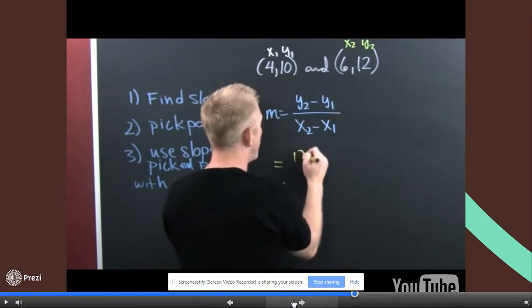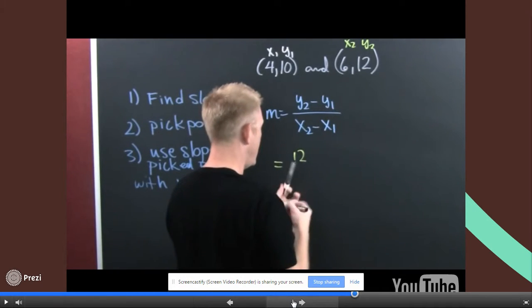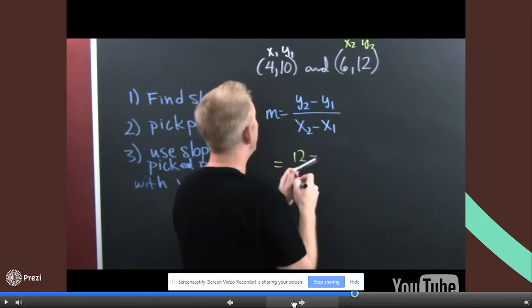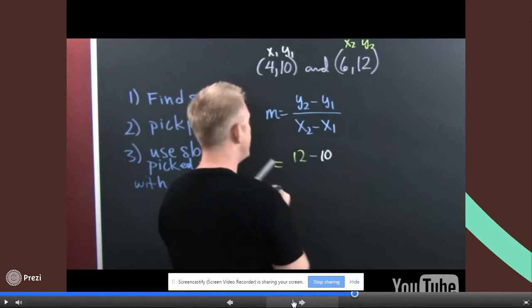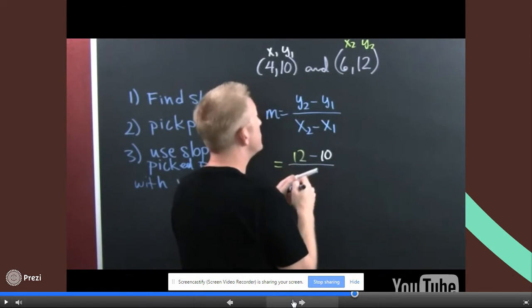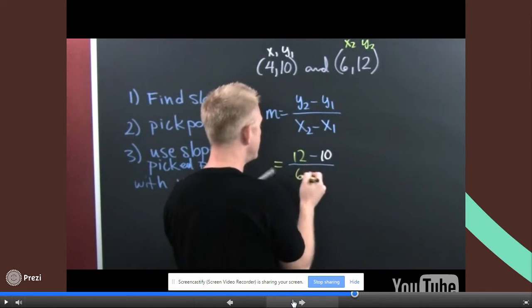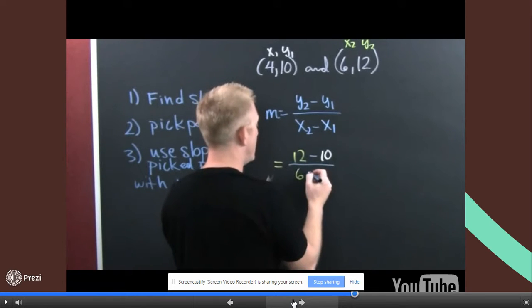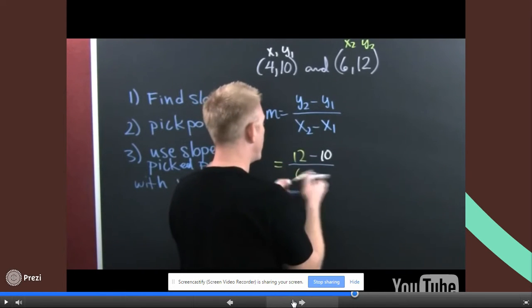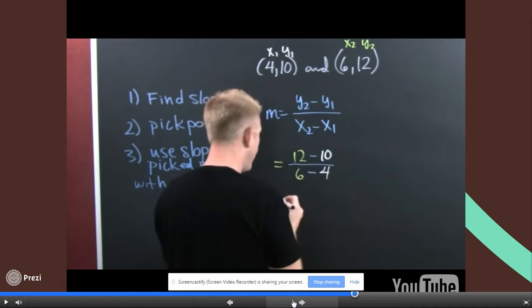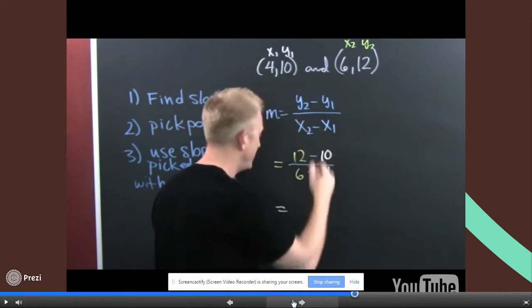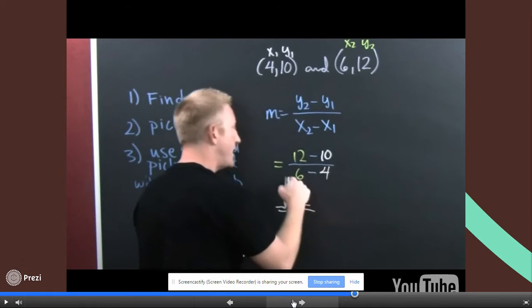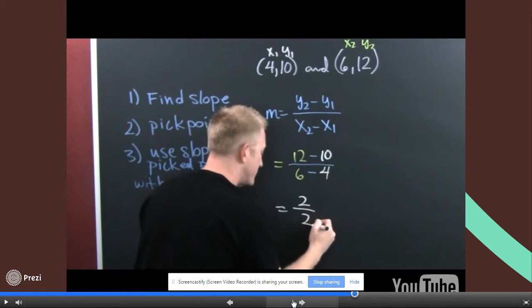So my y2 is 12, minus my y1, which is 10, divided by my x2, which is 6, minus my x1, which is 4. 12 minus 10 is 2, divided by 6 minus 4, which is also 2.